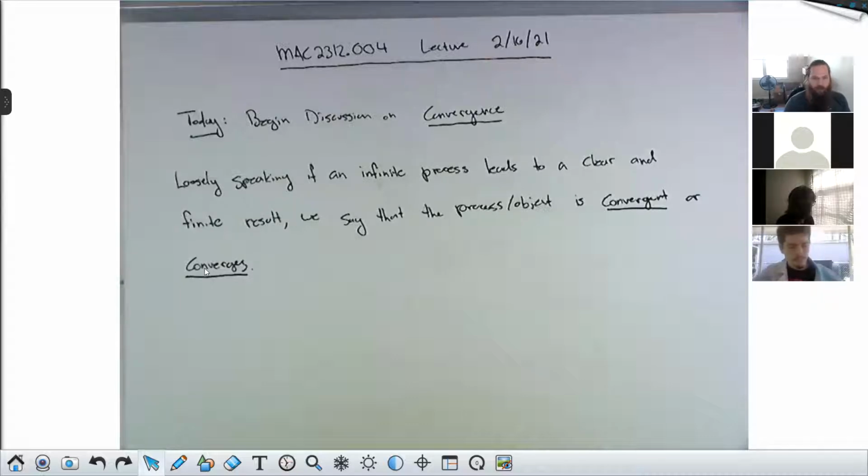If I want to describe that integral converging, then the verb is just converge or converges. So I would say this integral converges and therefore is a convergent integral, or this sequence converges and therefore is a convergent sequence. Adjective, verb.